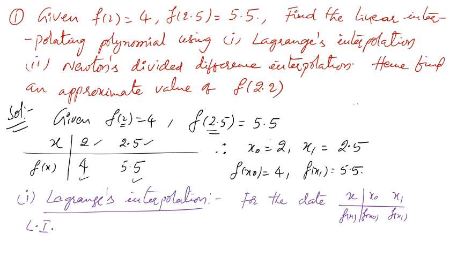Lagrange's interpolation P1(x), first polynomial, linear, 1 stands for linear. The formula is L0(x) times f(x0) plus L1(x) times f(x1). That's the linear interpolating polynomial.